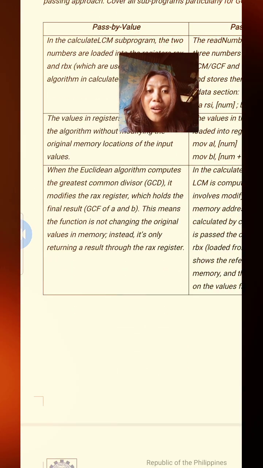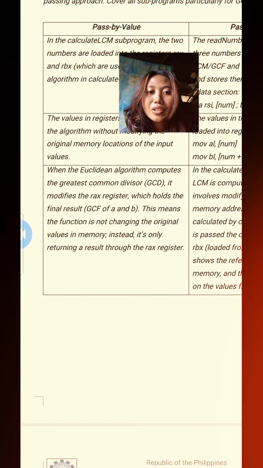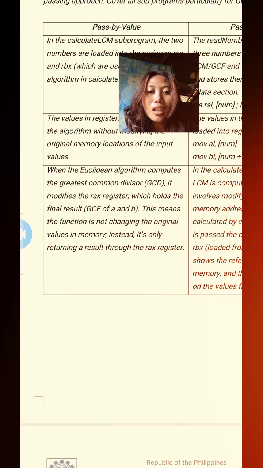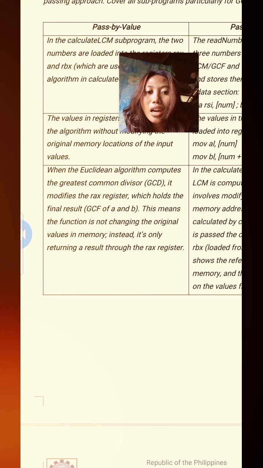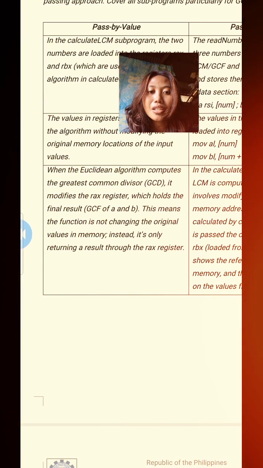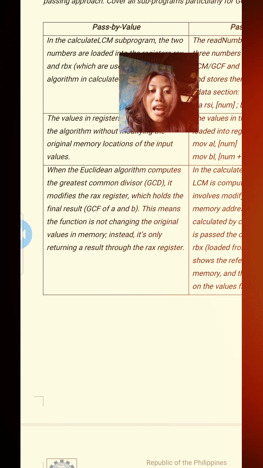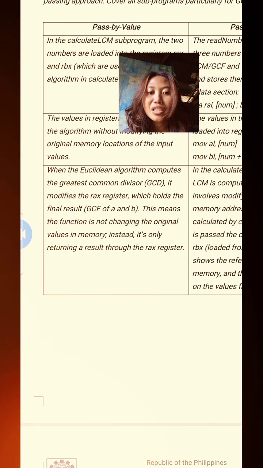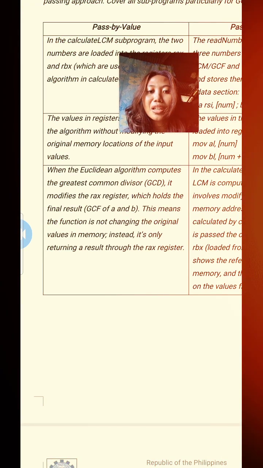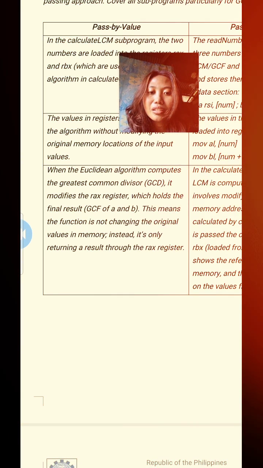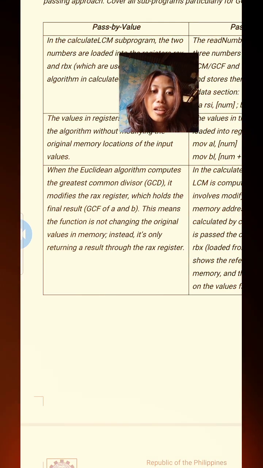And last, when the Euclidean algorithm computes the greatest common divisor GCD, it modifies the RAX register which holds the final result, the GCF of A and B. This means the function is not changing the original values in memory. Instead, it's only returning a result through the RAX register.